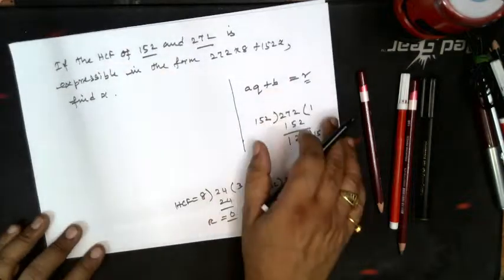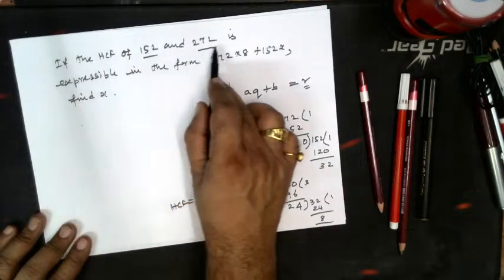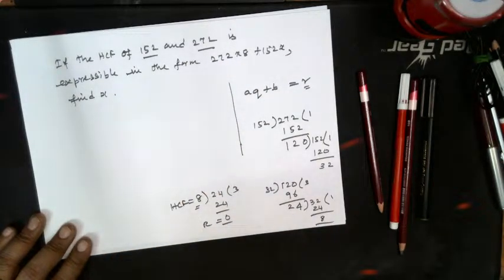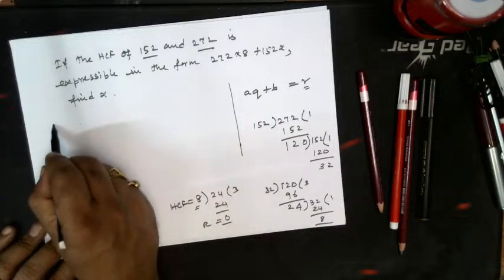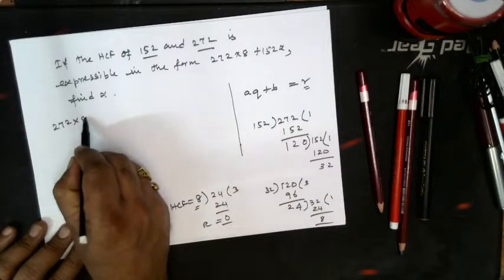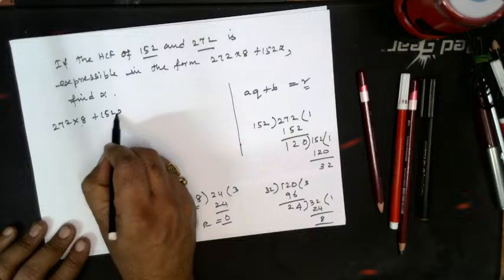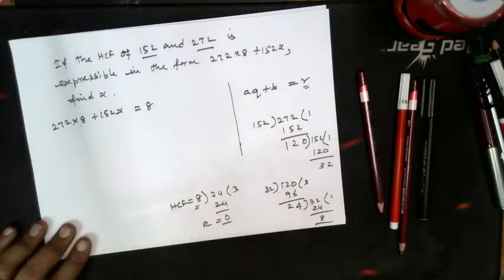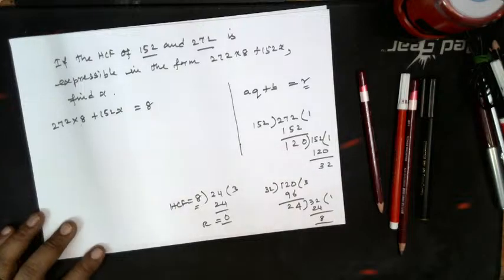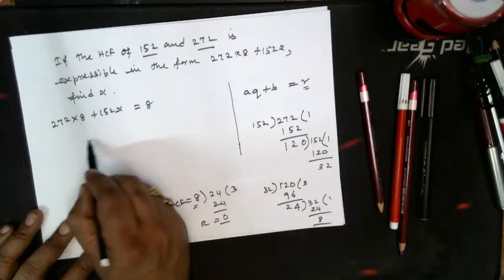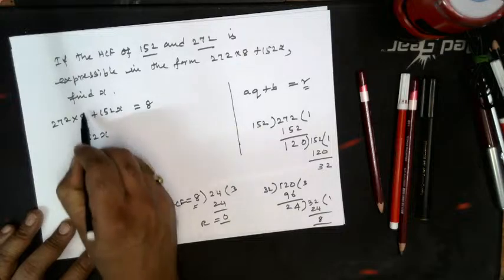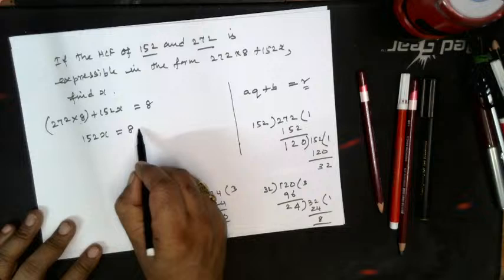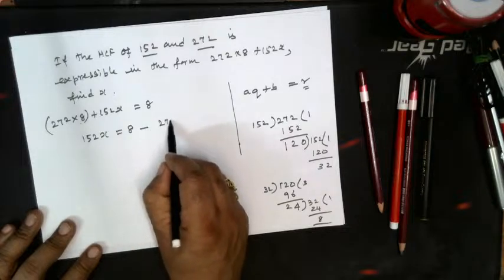So what is given here? If the HCF of 272 and 152 is expressible in the form of 272x plus 152y, now we have found out the HCF. So 272 into 8 plus 152x is equal to 8. Do you understand this? Now this 152x, you can take this as a whole, is equal to 8 minus 272 into 8.